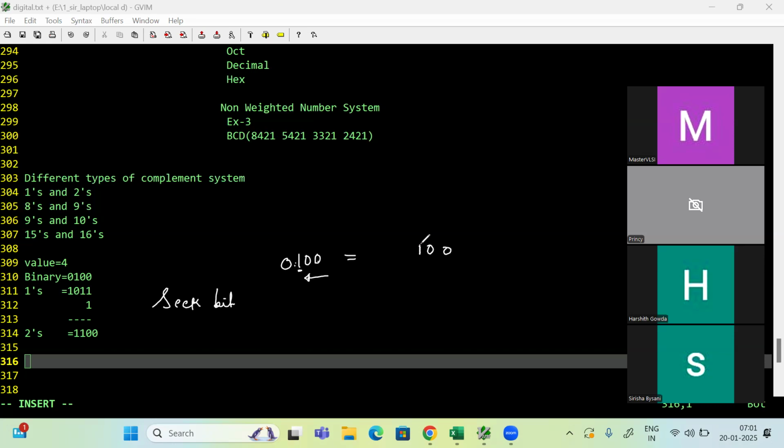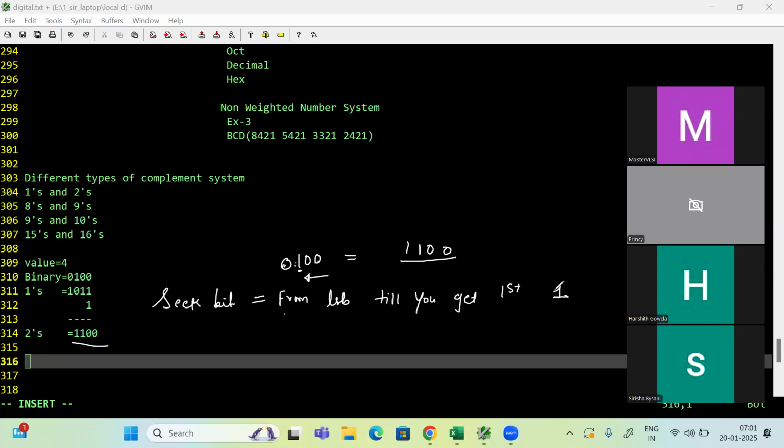Now start inverting. What is the inverted value? Sir, including the 1, we write from the LSB the same, till the sig bit. What does sig bit mean? From the LSB, till you get the first 1.